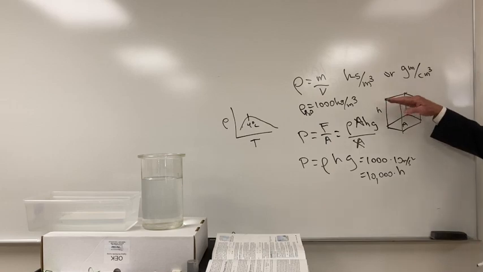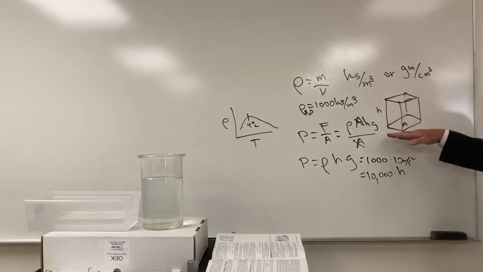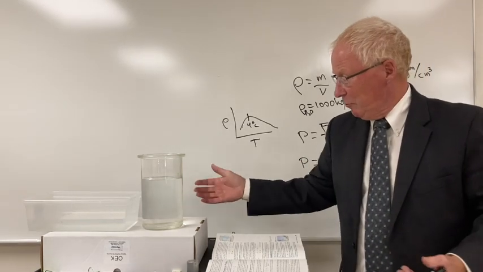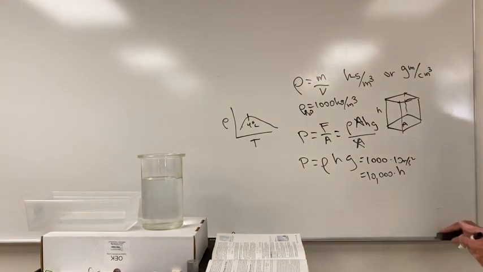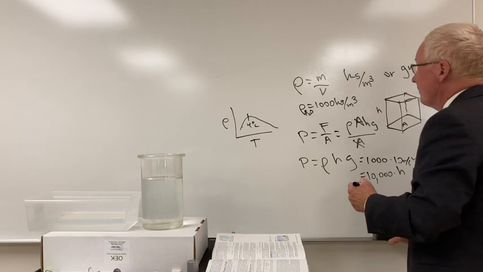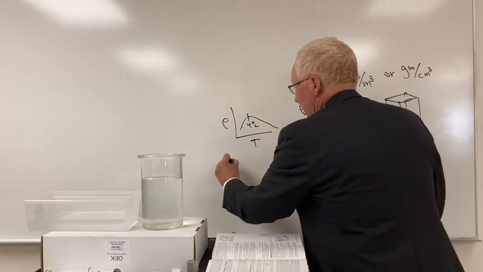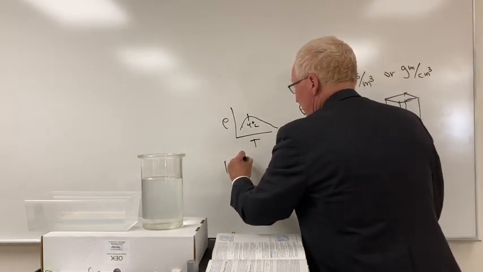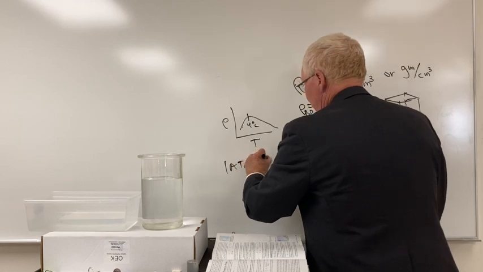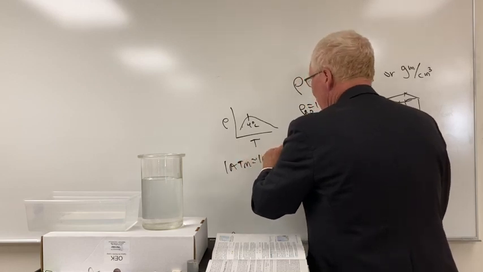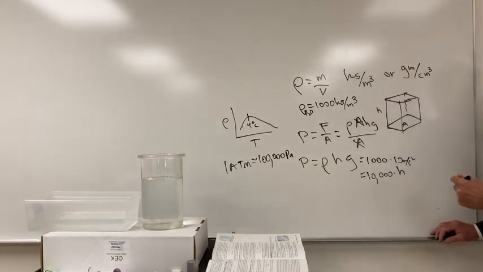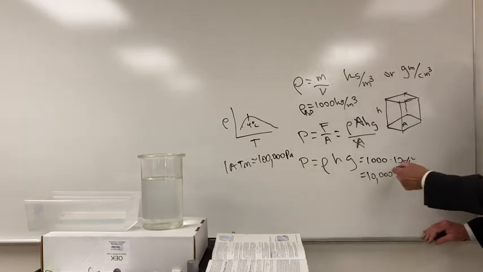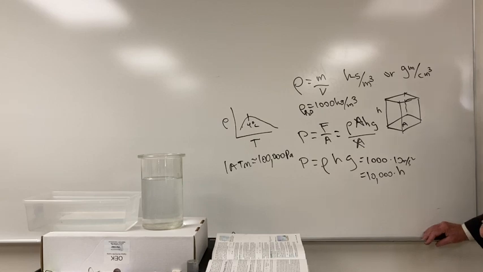The depth would be how far we're going down into the water. At the bottom, it would be this depth. And what we'll see, our atmospheric pressure, 1 atmosphere, is roughly 100,000 pascals. So this will be in units of pascals, 10,000 times H.